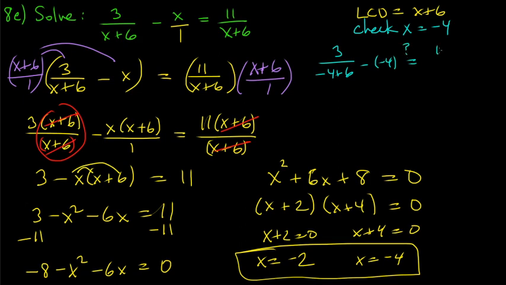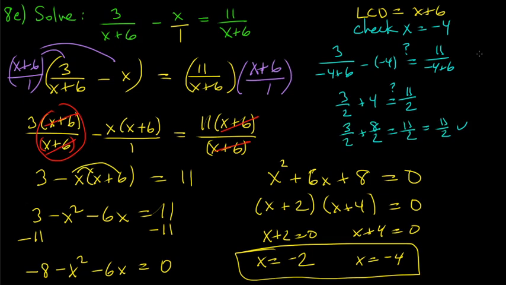Does that equal 11 over negative 4 plus 6? Okay, so this is 3 over 2 plus 4. Does that equal 11 over 2? Well, 3 over 2 plus 8 over 2 is 11 over 2, which is 11 over 2. So the answer is yes, right? So negative 4 works.